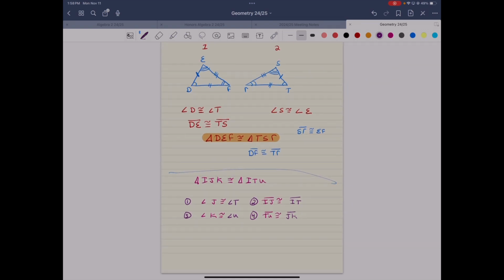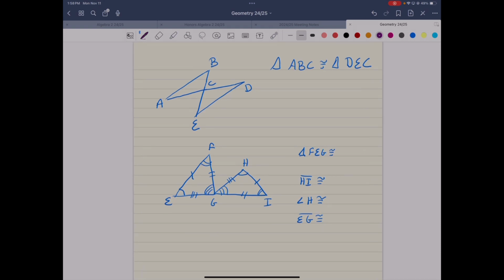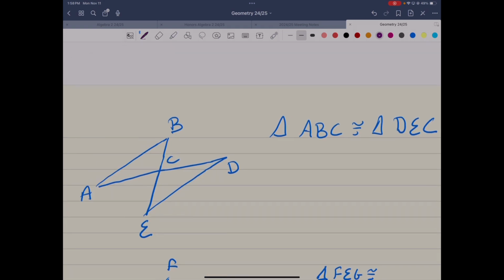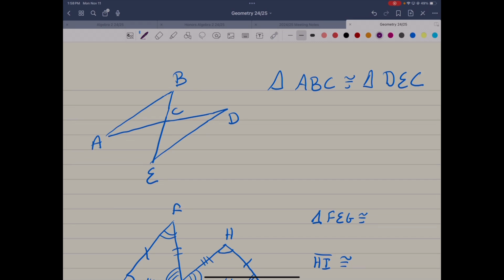So we've got congruent statements, we've got angles, we've got sides that are congruent to each other. This one, with a figure on the top, we've got triangle ABC. I want you to go ahead and draw this, but I've got triangle ABC, and I've got triangle DEC.